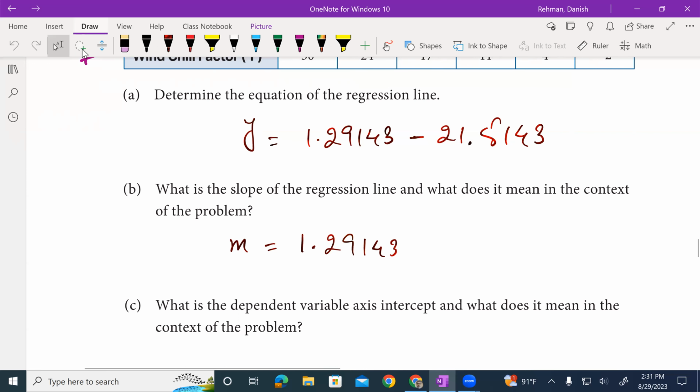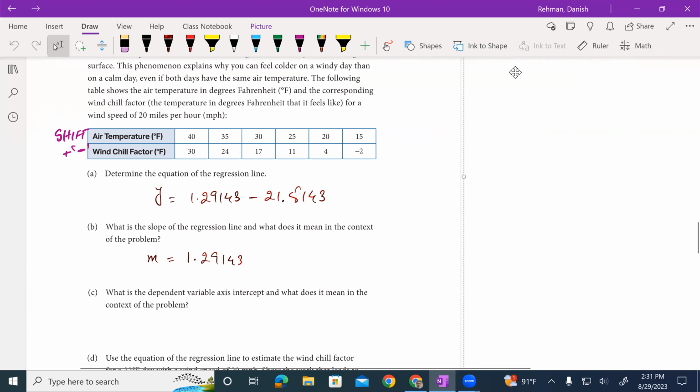What do we mean by this factor? What do we mean by the slope? Say again? The rate of change, exactly.